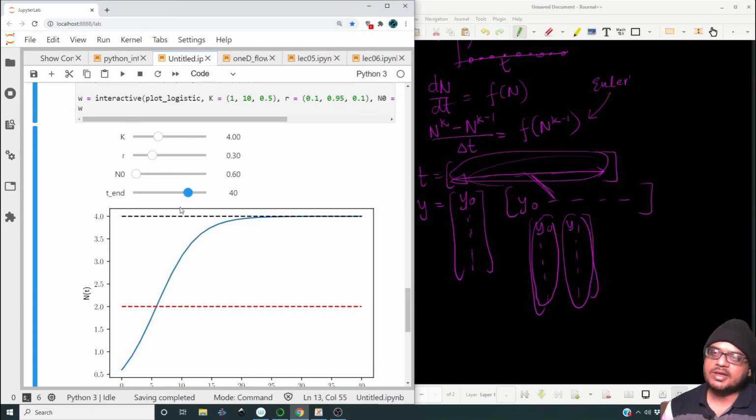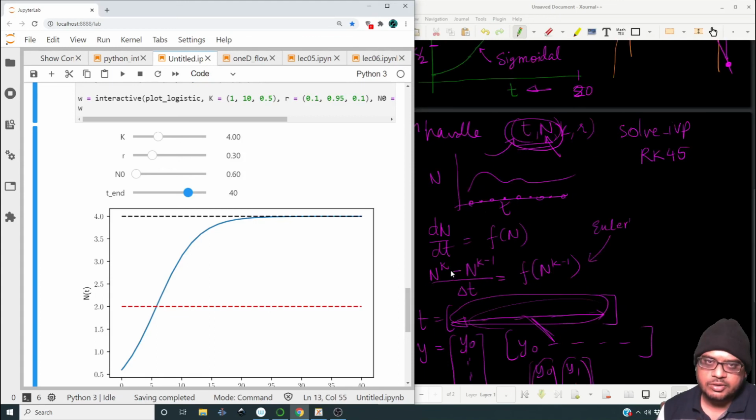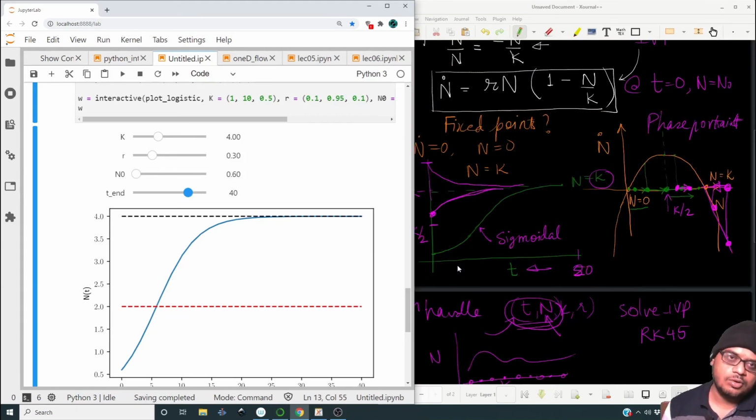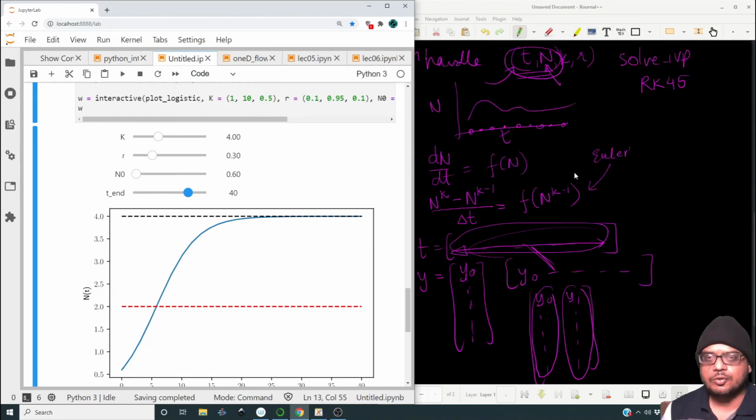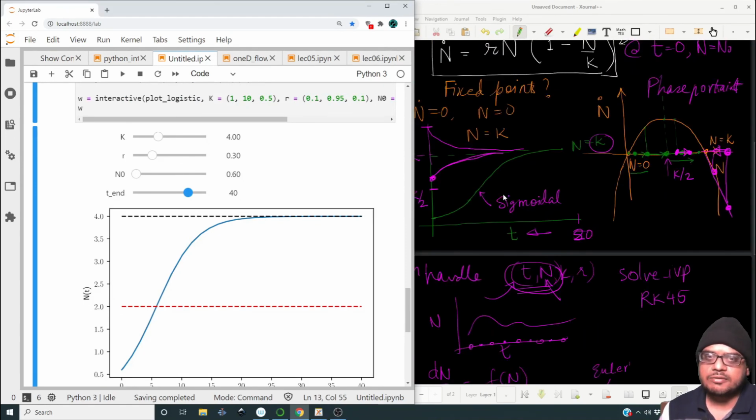Okay, so this is how we can model the population growth using a very simple model. Obviously this model has various limitations. We're not going to discuss the limitations over here, but it provides a nice way. If you think about the problem geometrically, it provides a very convenient means of getting a lot of information without actually solving the problem.